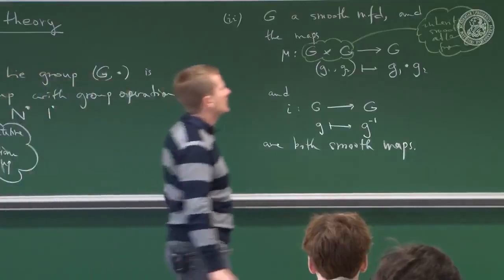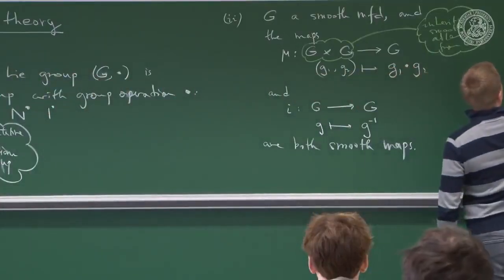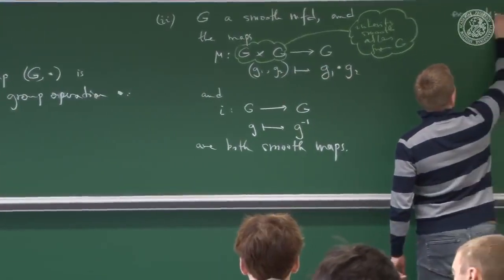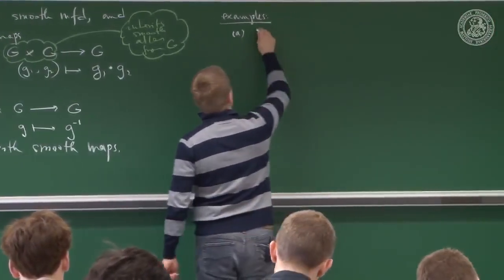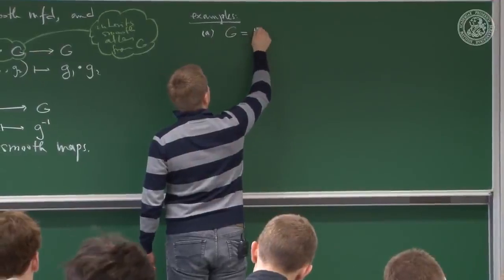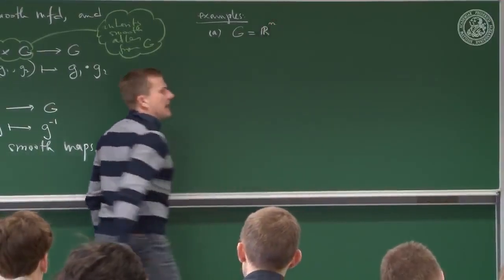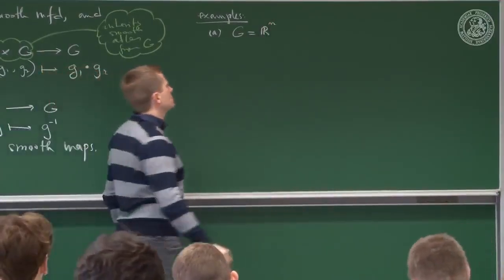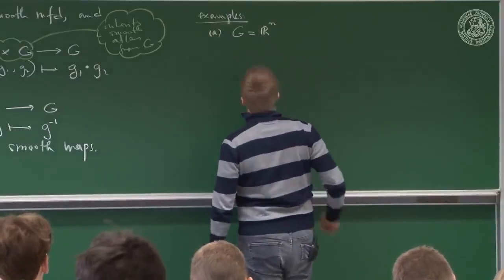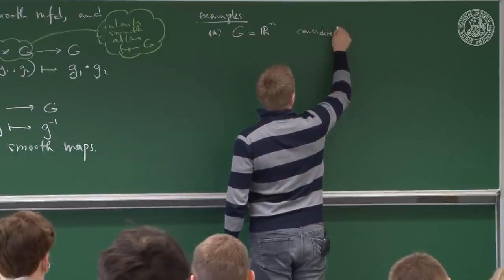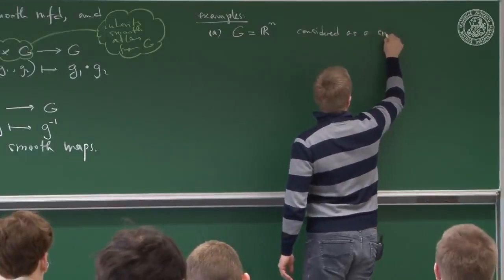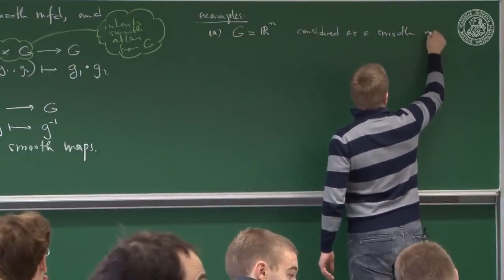Now, examples. Well, a very simple example is as G, you simply take R to the n, but because we want to construct a Lie group, we take R^n considered as a smooth manifold.